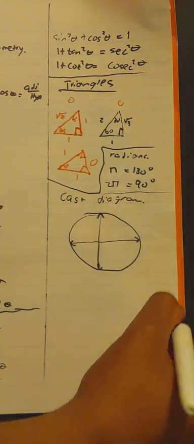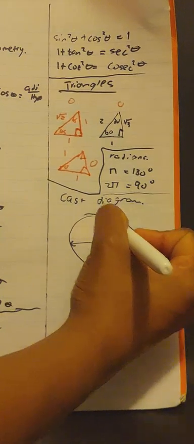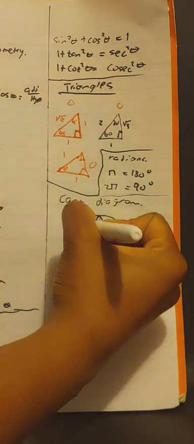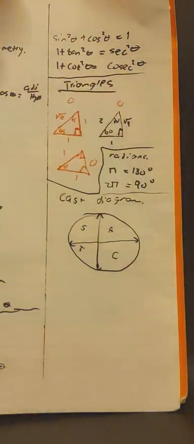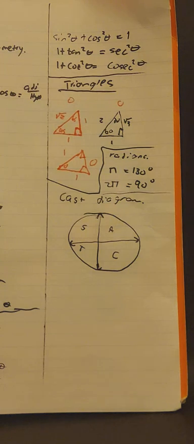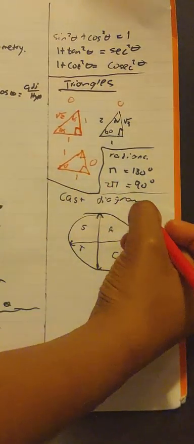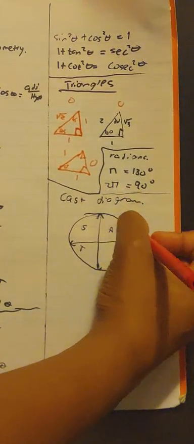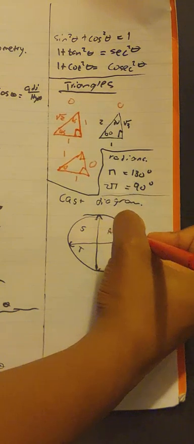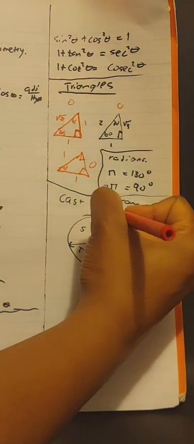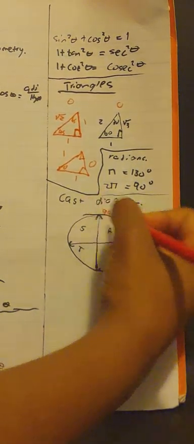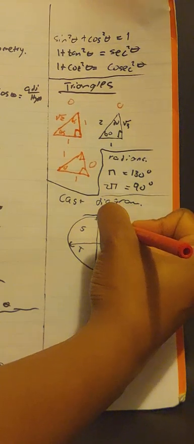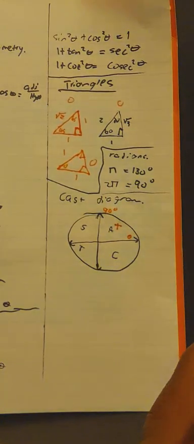Cast diagram. I'm going to be explaining what happens on each quadrant. A represents all, between 0 and 90 degrees. Here everything is positive.